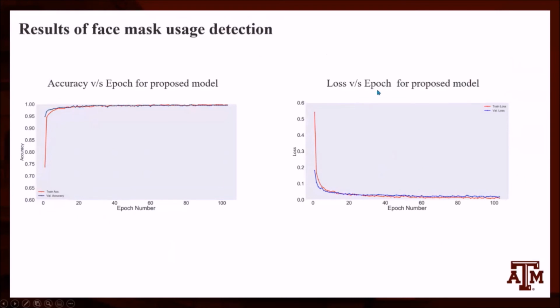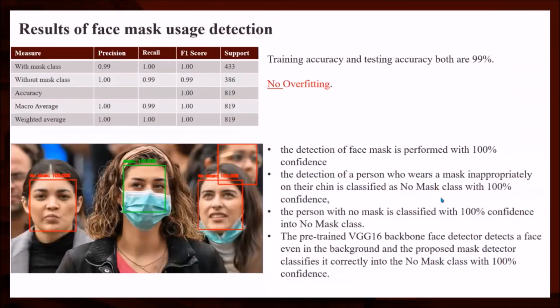For loss versus epoch, it shows the same: after 20 epochs the loss becomes very low and converges, and it stays the same when we increase the number of epochs. The accuracy that has been obtained was around 100%, and there is no overfitting, as shown by the previous graph. If we see one of the images here, the detection of the face is also performed on the background.